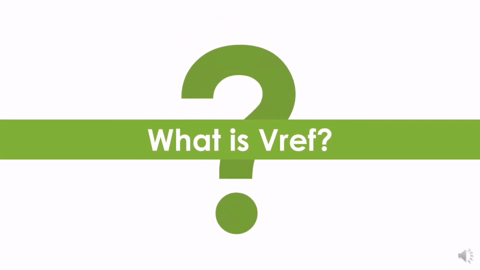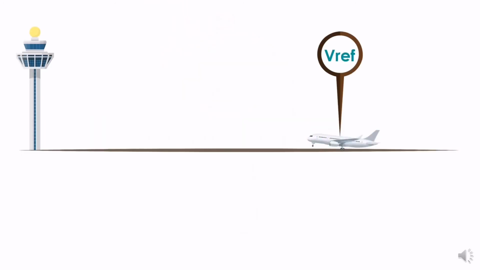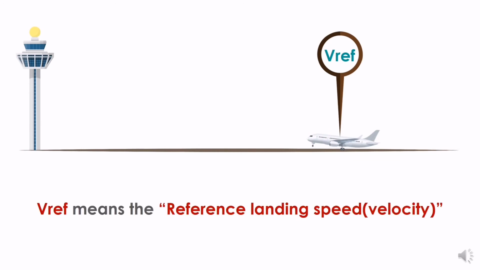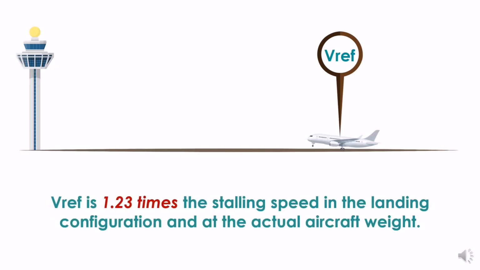First of all, what is Vref? Vref means the reference landing speed or velocity and is the speed the aircraft must fly when landing. Vref is 1.23 times the stalling speed in the landing configuration and at the actual aircraft weight.